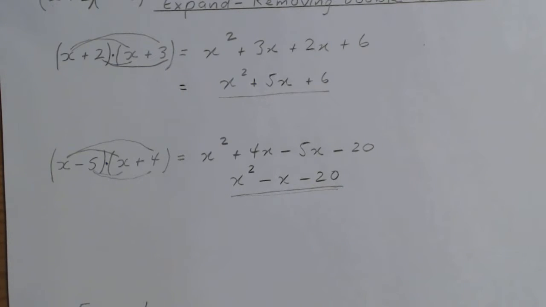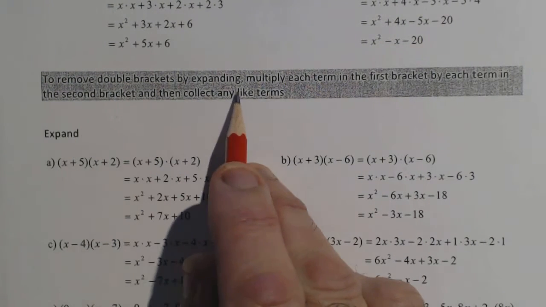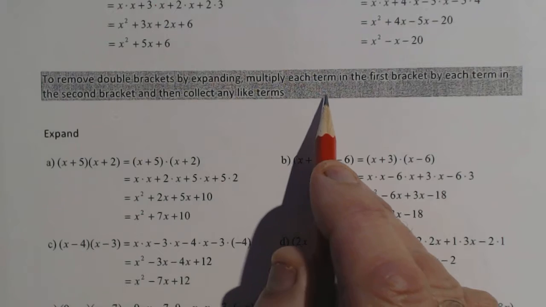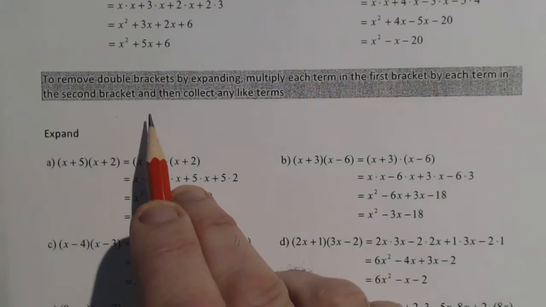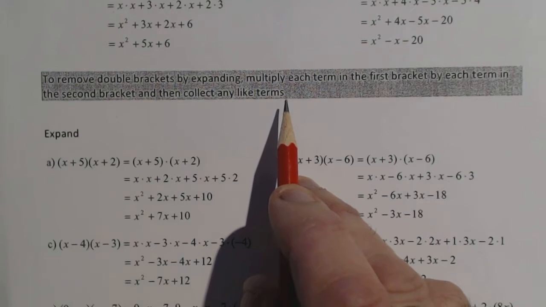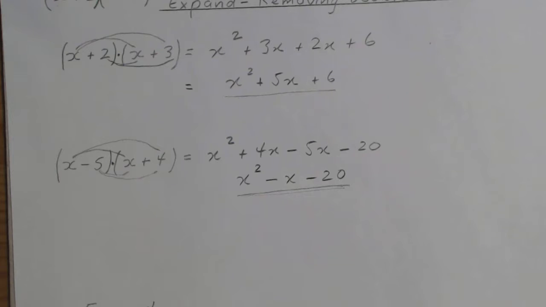So let's have a look at the rule here. To remove double brackets by expanding, multiply each term in the first bracket by each term in the second bracket, and then collect any like terms. So let's do these examples.